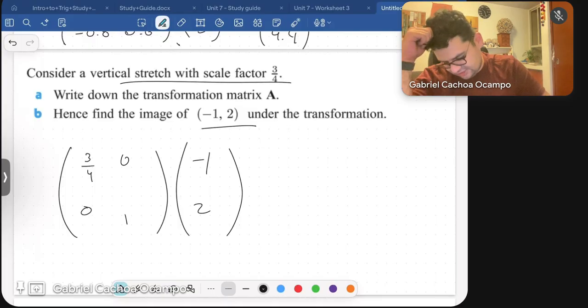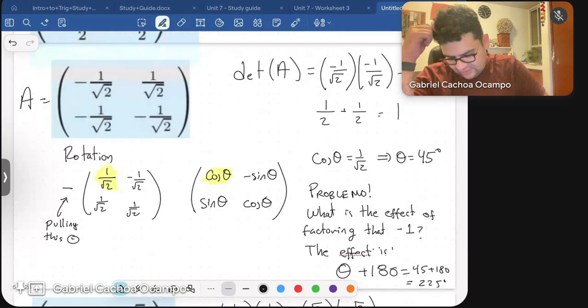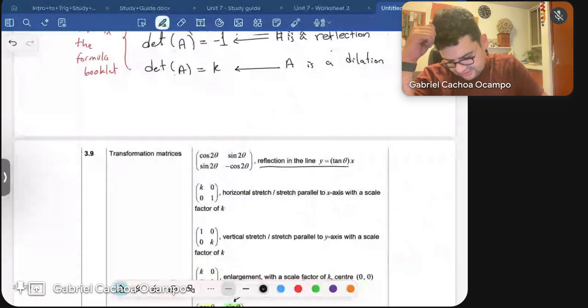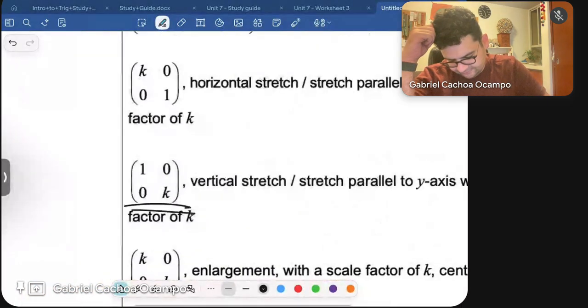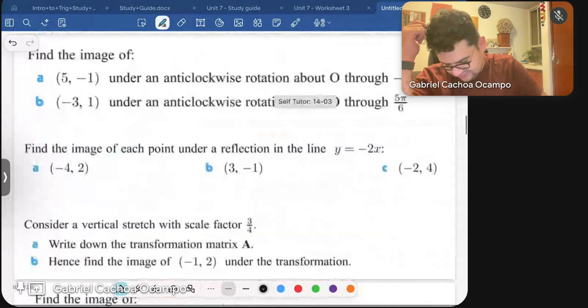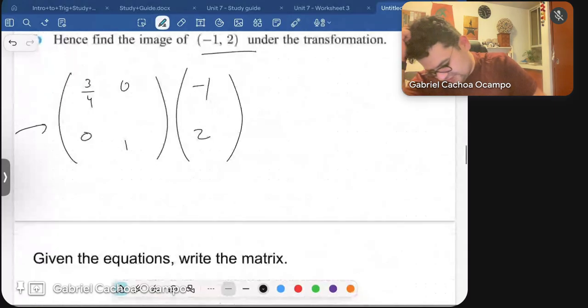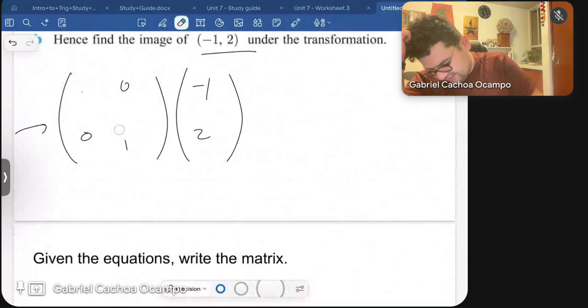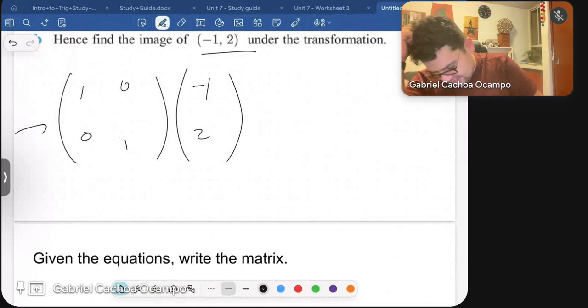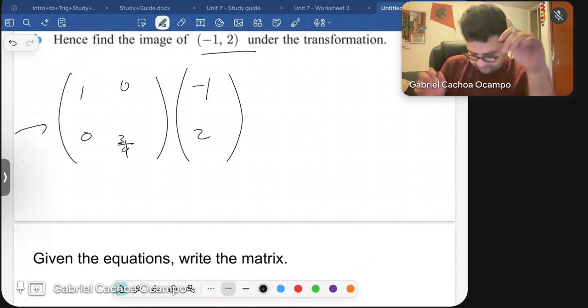A vertical stretch is like this, because if you go to the formulas, I know that a vertical stretch is like this. That is why it's fantastic to check the formulas, because I don't know if you see it, but I wrote it wrong. It should be 1 in here and 3/4 in here.